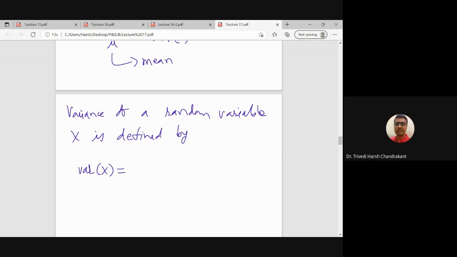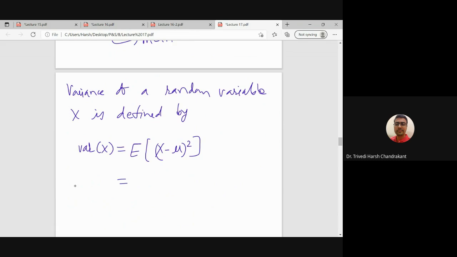That is E of (x minus mu) square, the expectation of (x minus mu) square. So that means its formula will be, x in the range of x, and x minus mu.